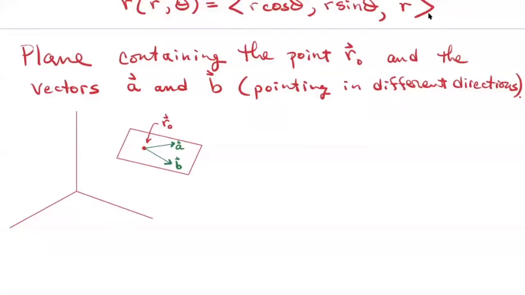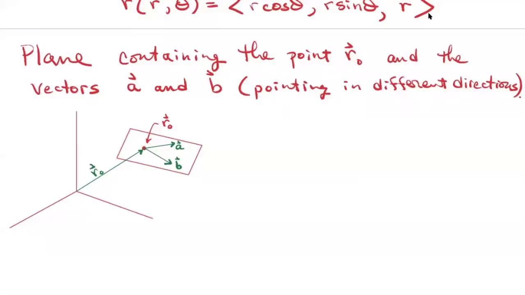Okay. And basically what you want to do is just recognize that any point in the plane can be found by adding a multiple of A and B to R naught.